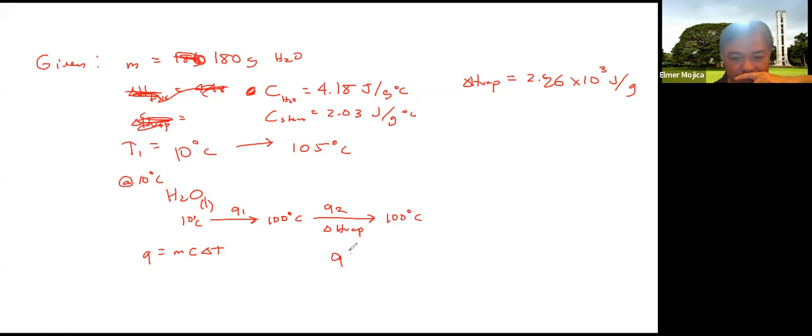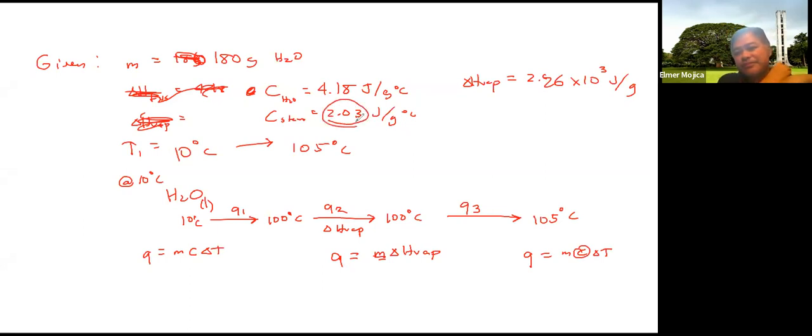So yung Q mo is equals to the mass times the delta H. Now, I use the mass kasi mass naman yung given dyan. Tapos after that, ano yung Q3 mo? From 100 to 105. And here, that's Q equals MC delta T. So yung C mo dito ay yung 2.03.